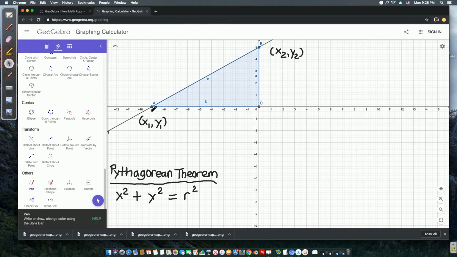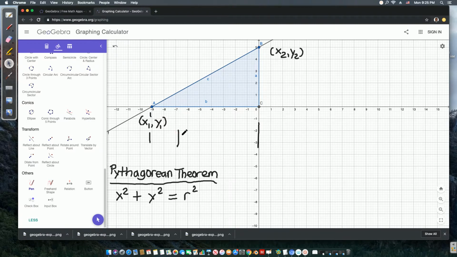From one end of this side to the other end, we have the x's, but there are differences. So we take the absolute value of x2, which comes from this point, and subtract x1, which comes from this point. That represents the distance along the side.